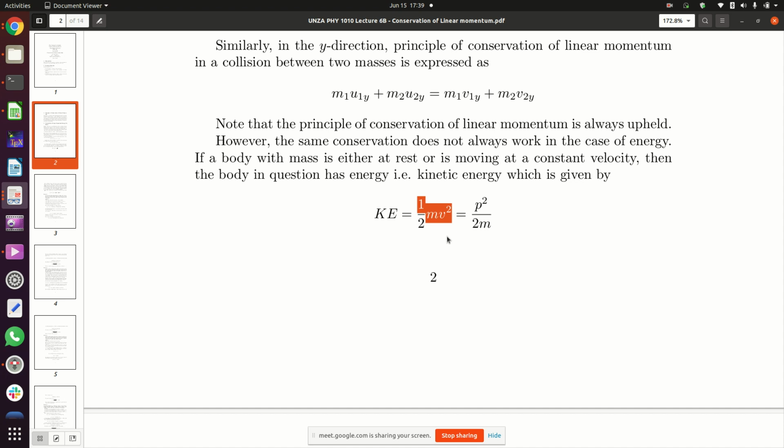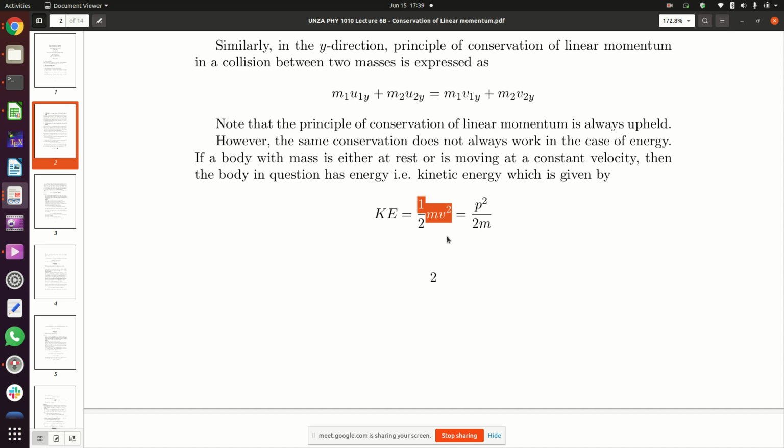If the velocity is the same, it means that there is no external force acting on these objects, because if there were an external force, the velocity would change. So if we know the velocity and the mass, we can always work out the kinetic energy of each of these objects.